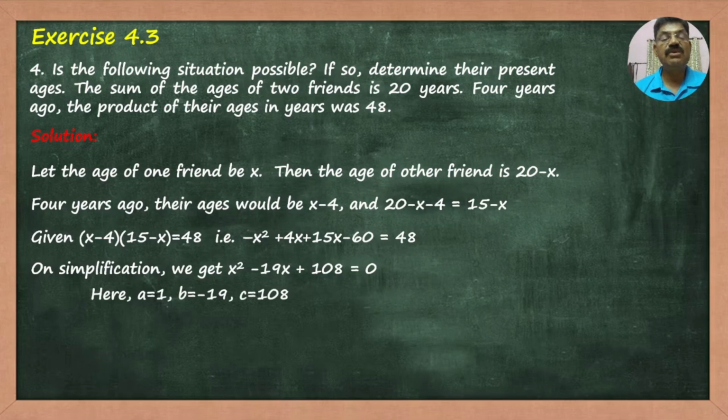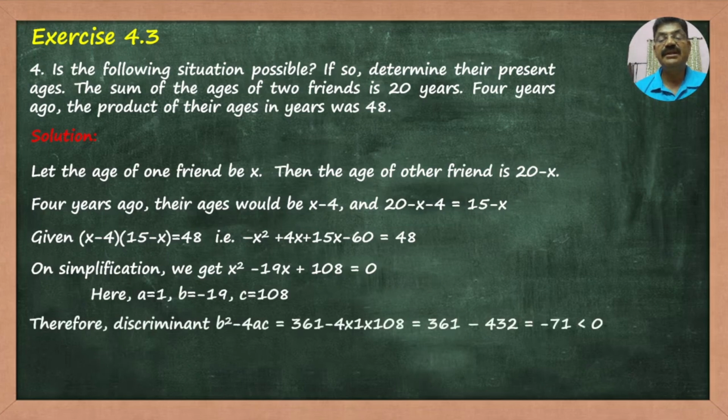Here a is equal to 1, b equal to minus 20 and c is equal to 112. So b square minus 4ac is equal to 400 minus 4 into 1 into 112, which is minus 48, which is less than 0. Therefore, the given quadratic equation has no real roots. Therefore, what we conclude, the given situation is not at all possible.